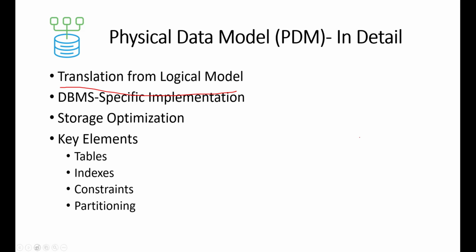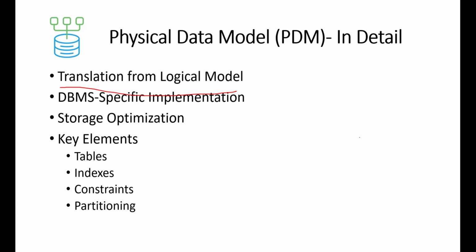And what are the key elements? Definitely the key elements will be tables, indexes, constraints, and partitions. Indexes, you already might know if you're working in database systems, are created to optimize data retrieval by providing fast access to specific data subsets. They can be defined on one or more columns to speed up queries and enforce uniqueness constraints.